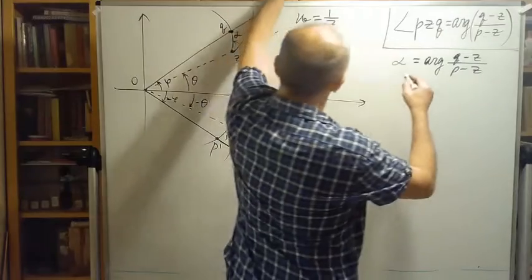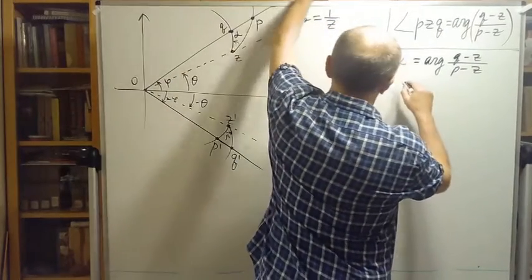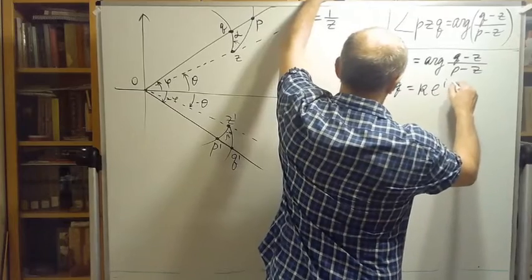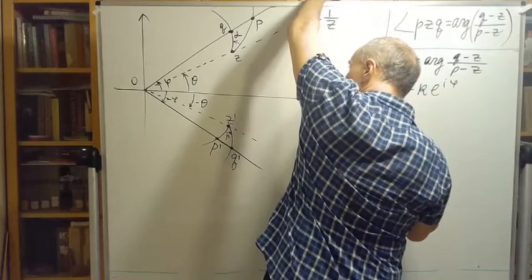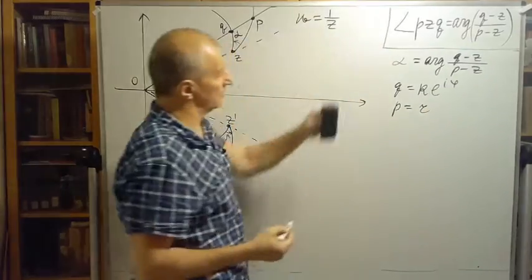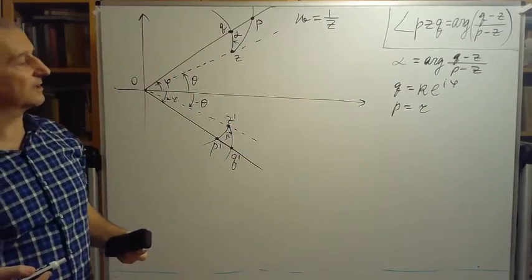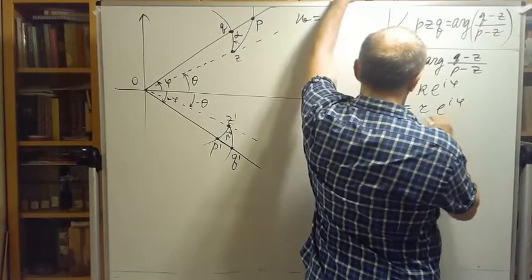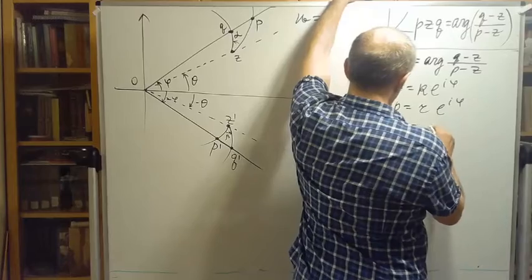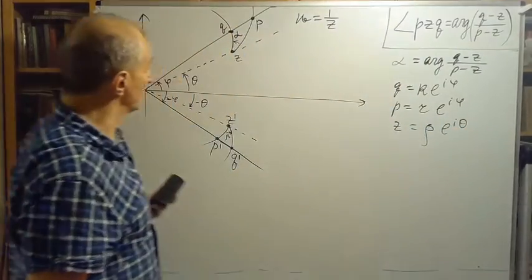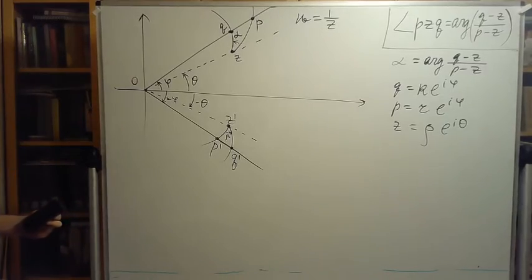Now let's consider our points. Q equals R e to the power I phi, right? P equals R small e to the power I phi, the modulus of Q is R capital, the modulus of P is R small. Z is rho e to the power I theta. Rho is the modulus of Z, right?